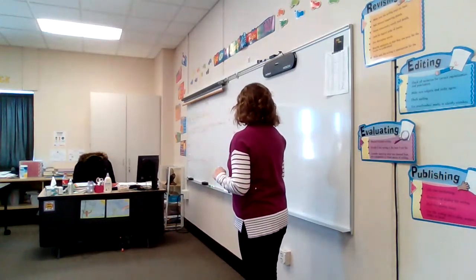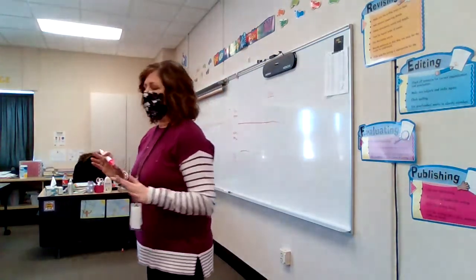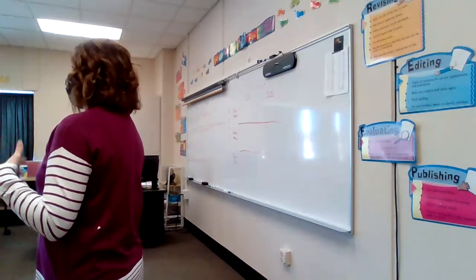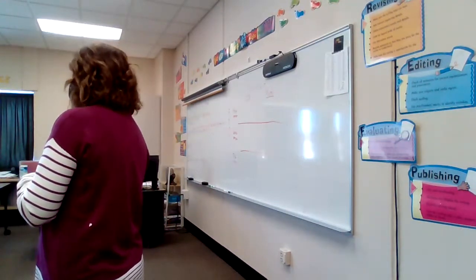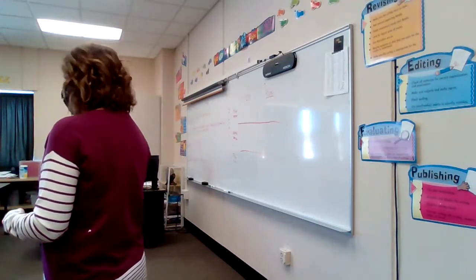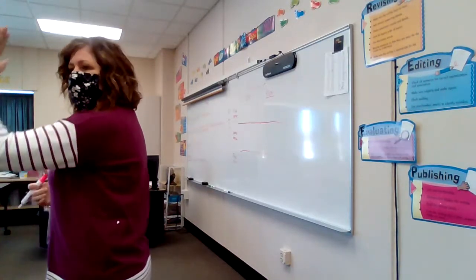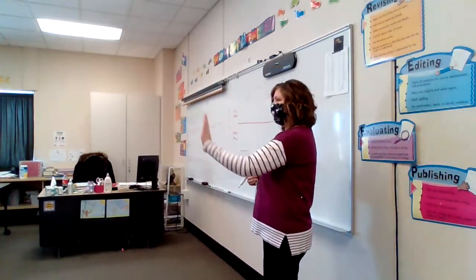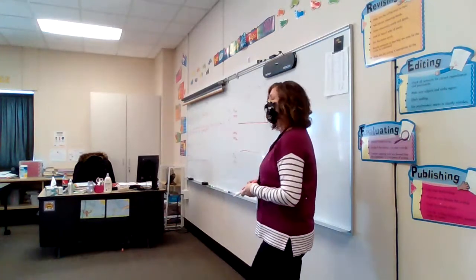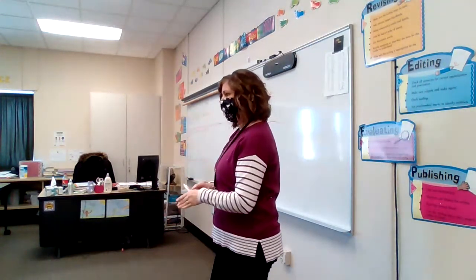So if a question is saying, what is the number of the pronoun? Your answer is going to be either singular or plural. Okay? So when it's asking for person, it's referring to first person, second person, third person. When it's asking for number, it's either singular or plural.